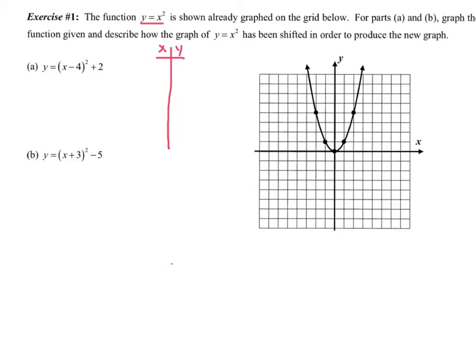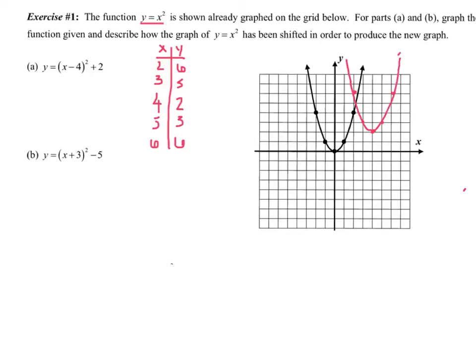I scrolled up and down the table until I found the vertex at (4, 2), just looking for that pattern to change. And I ended up with (2, 6), (3, 3), (5, 3), and (6, 6). And I'm going to go ahead and plot those points now. As I get those 5 points plotted, it looks a lot like this.